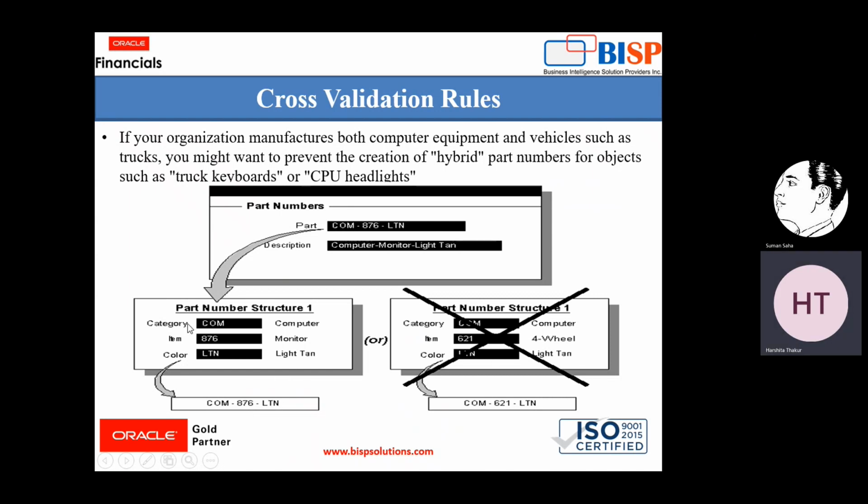But if this combination of category color occurs with the wrong item like four wheel, it will give us the error information that you cannot use a code combination of your computer equipment with the vehicles one. So you can control this invalid code combination creation in the application by using a cross validation rule.